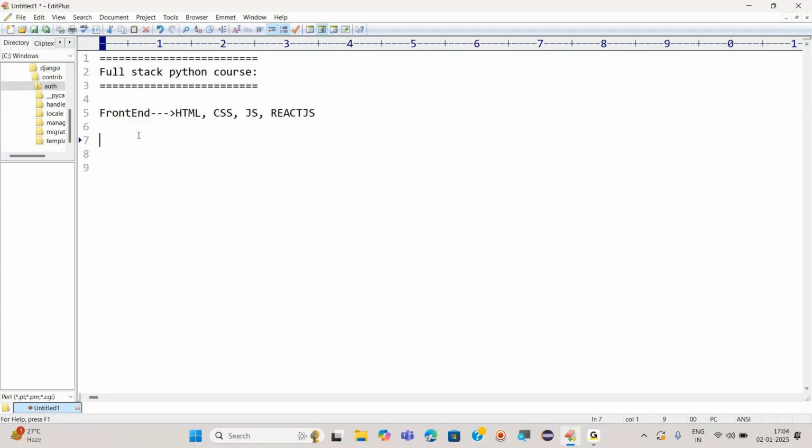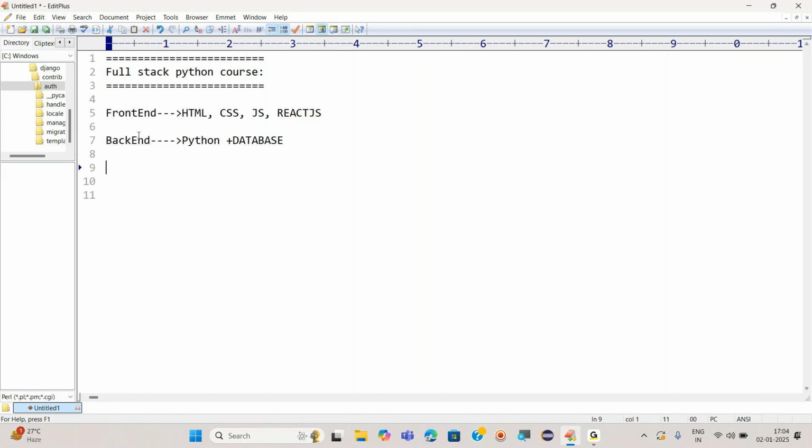Next, we'll go for the backend. In the backend we'll be going for Python plus database, and when I talk about the framework, we'll be seeing Django.